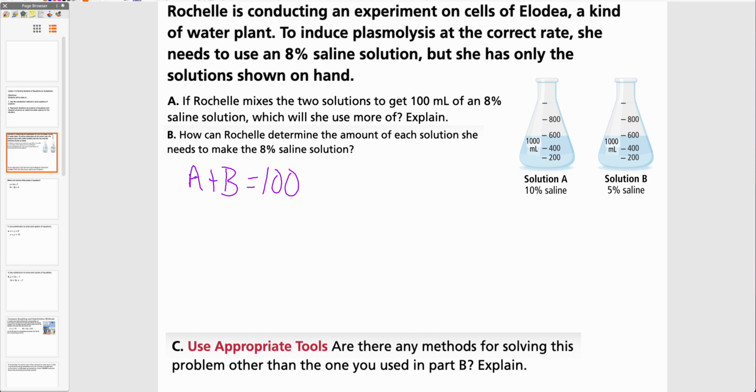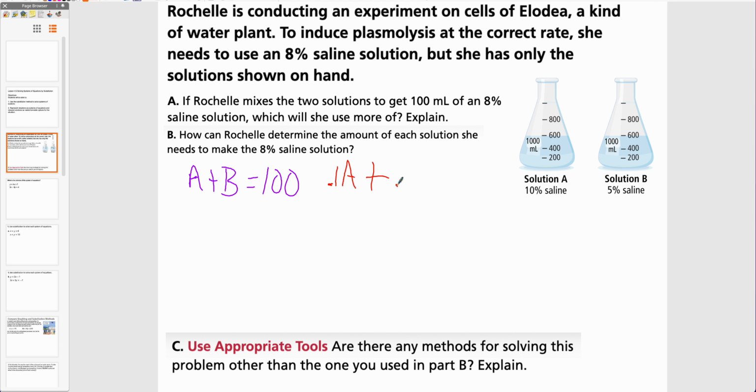So we can do, yeah, that's not bad. What is the percent solution of this one? We can do, so 10% would be 0.1 of A, right? That's a decimal. Plus, what is this one?